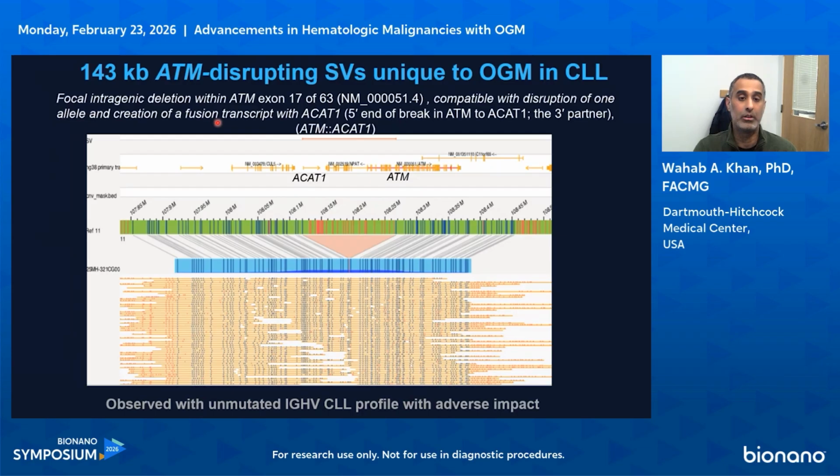And then it did create a fusion transcript with a gene that was further upstream, impacting the 3' end of ACTA1, creating this 5' to 3' fusion of ATM and ACTA1, in addition to disruption of ATM. And this was interestingly observed in an unmutated IGHV somatic hypermutation profile, checking all the boxes of maybe intermediate to more adverse impact in this case.